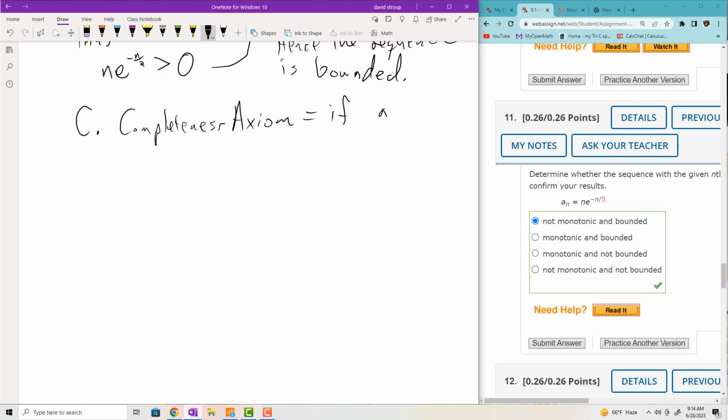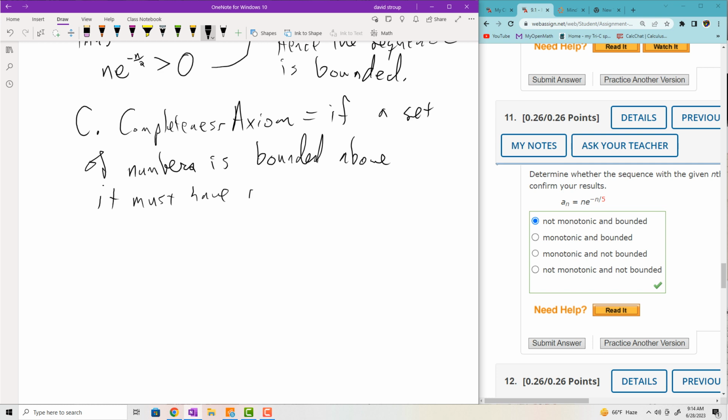Okay, so basically it says if a set of numbers is bounded above, it must have what's called a least upper bound. And likewise, if it's bounded below, it'll have a greatest lower bound.